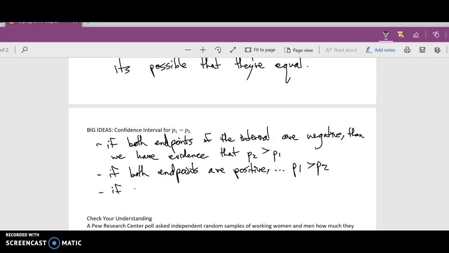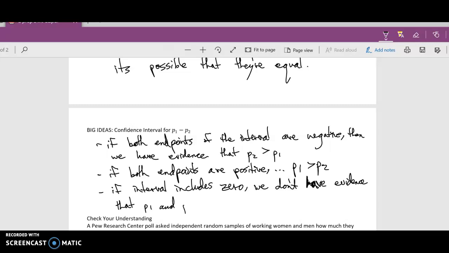And if the interval includes 0, like our example we just worked, we don't have evidence that P1 and P2 are different. They might be, but we don't have evidence of it.